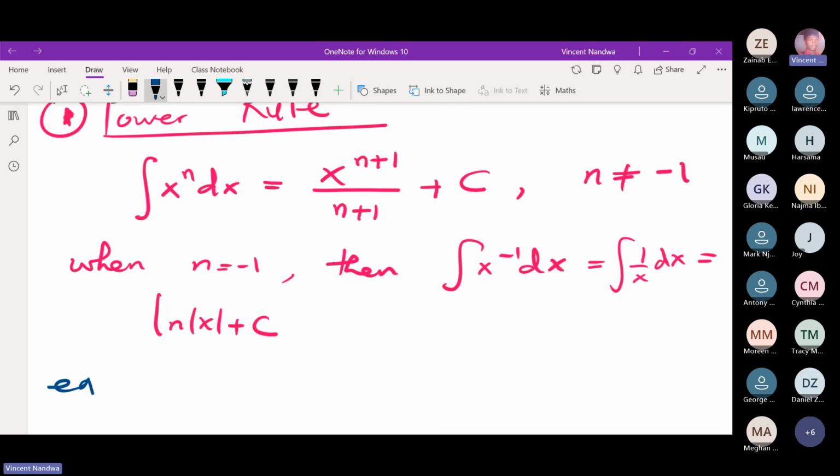So for example, evaluate the integral of x power 5 dx.